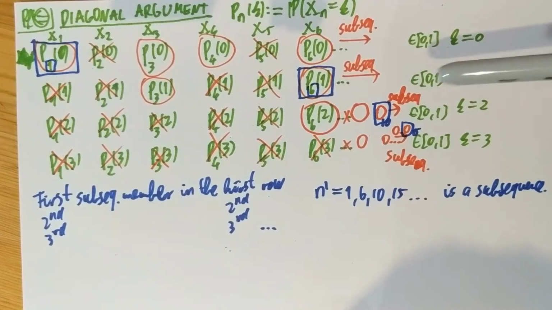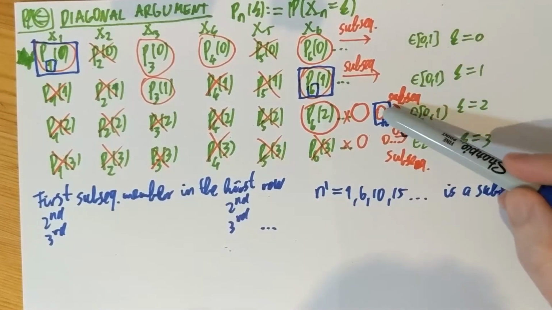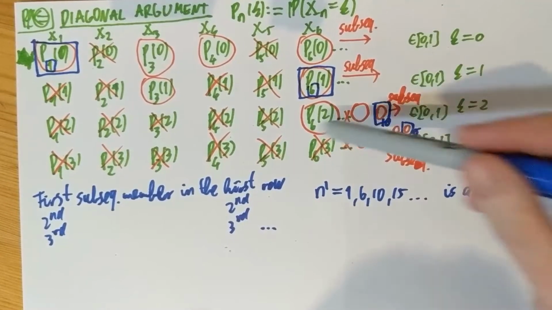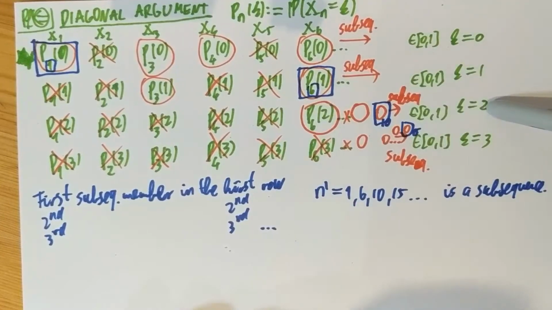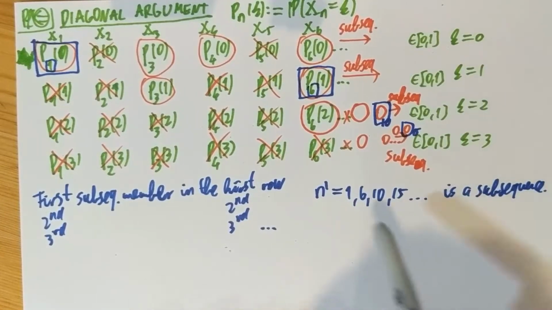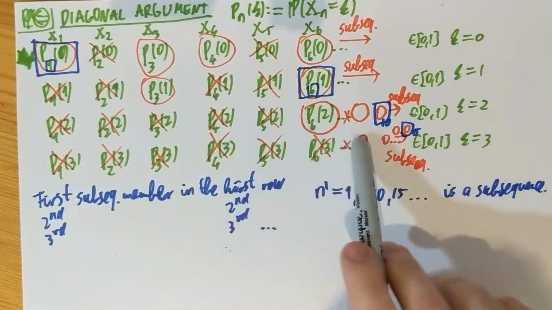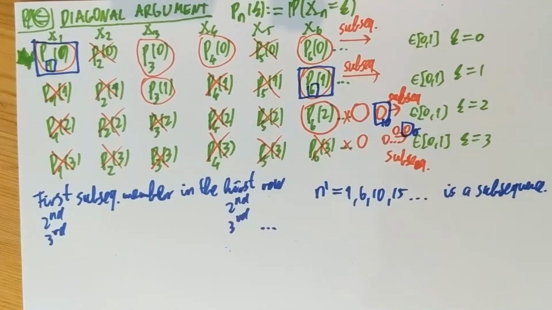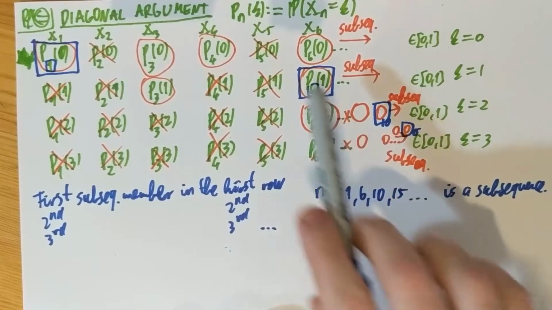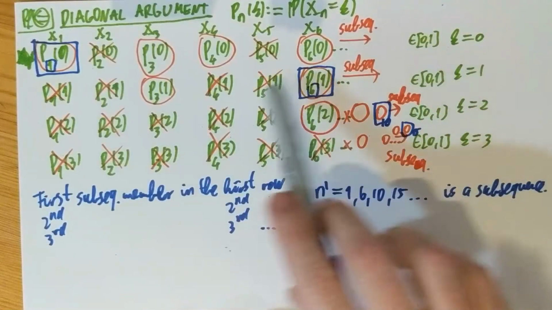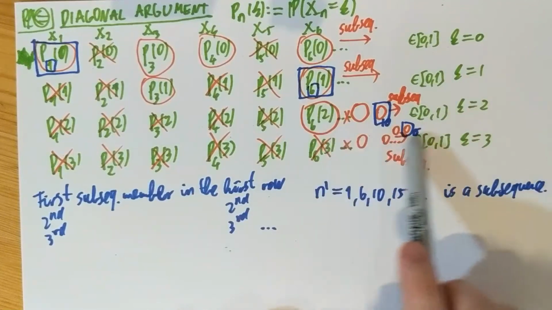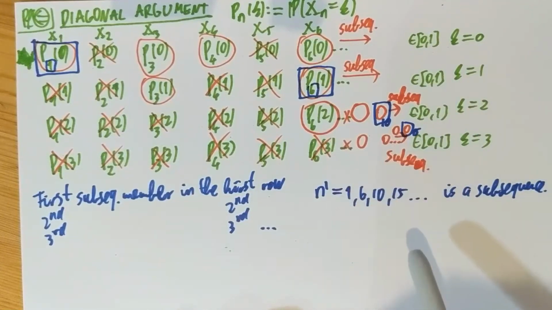And 10, 15, and so on are all members in the third row. So this subsequence n prime, after some initial non-agreements, eventually will become part of each of the subsequences. Each individual subsequence will contain this one eventually.